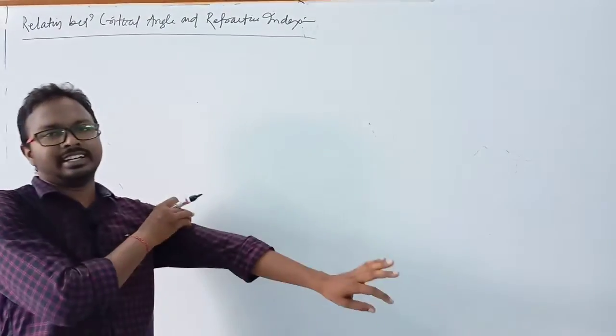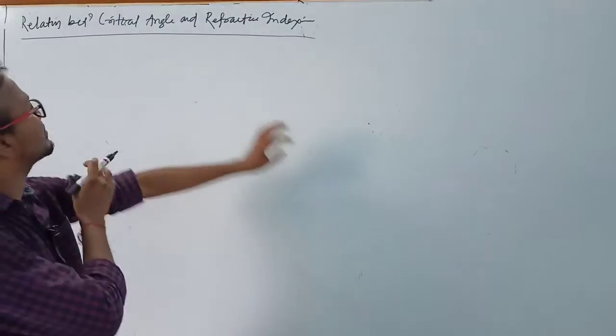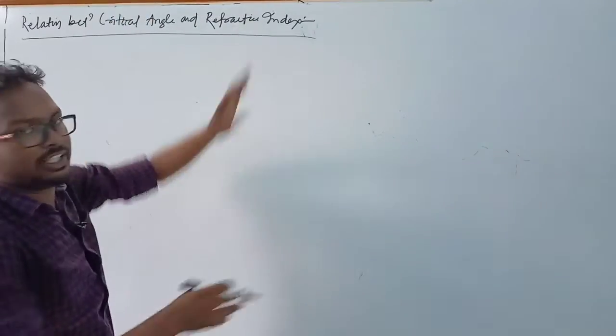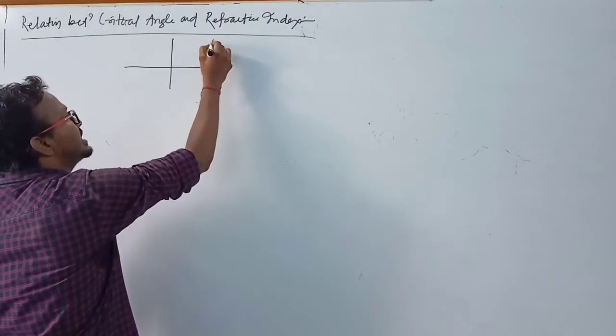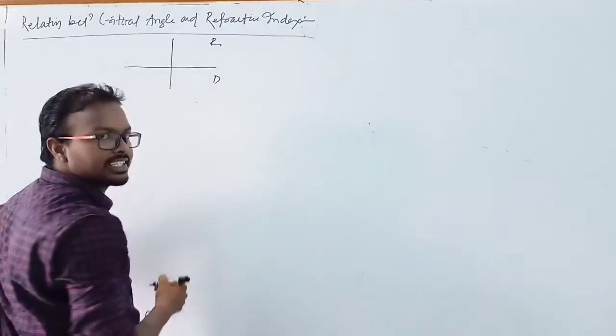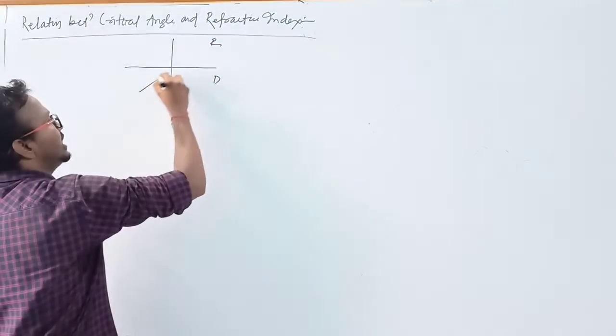Now we have to derive a relation between critical angle and total internal reflection. This is the diagram. This is the rarer medium and this is the denser medium, and this is the angle of incidence.